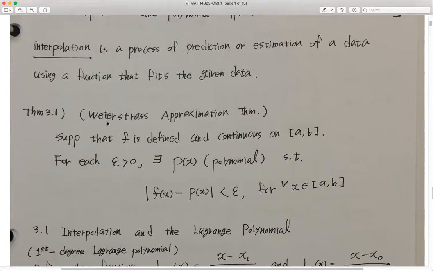It's the Weierstrass approximation theorem. The Weierstrass approximation theorem says that suppose f is defined and continuous on the closed interval a, b. Then for each epsilon, a positive real number, there exists a polynomial function p of x such that the absolute value error is less than epsilon for any x.